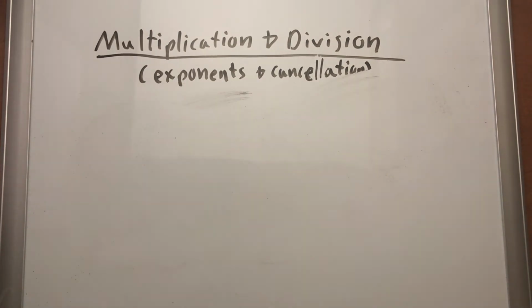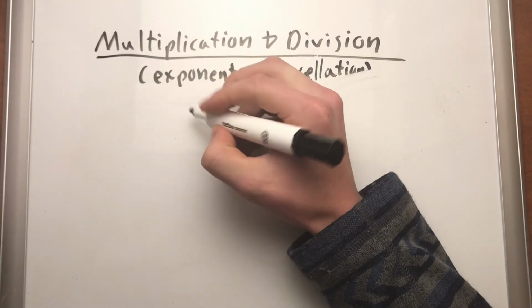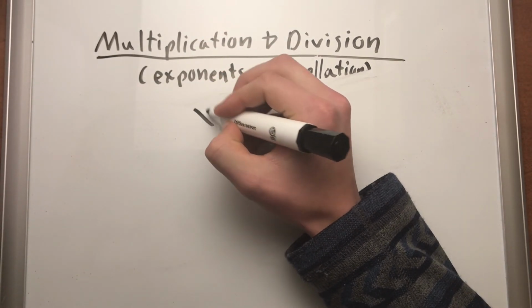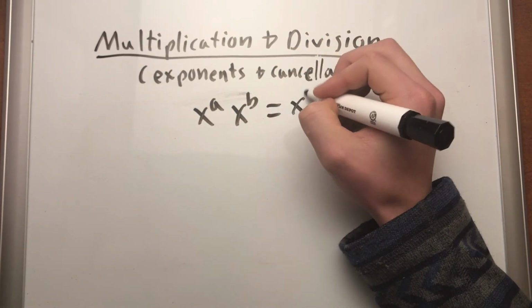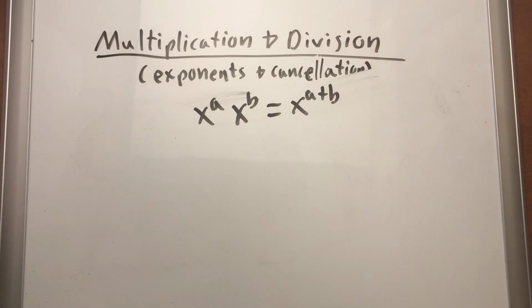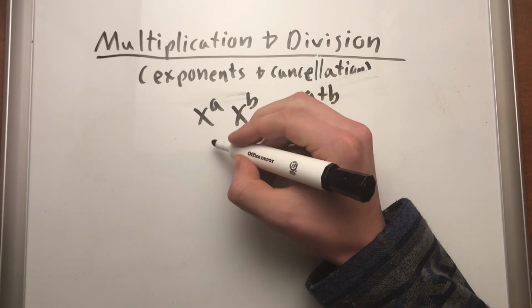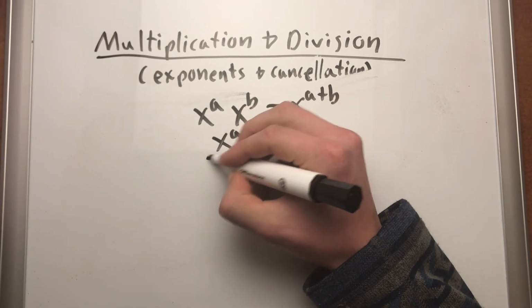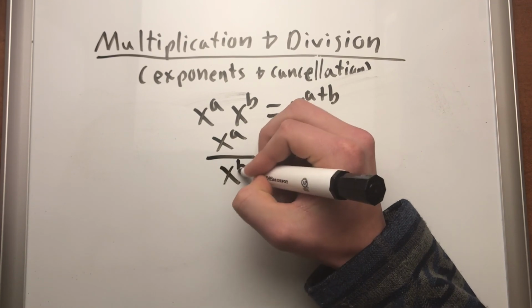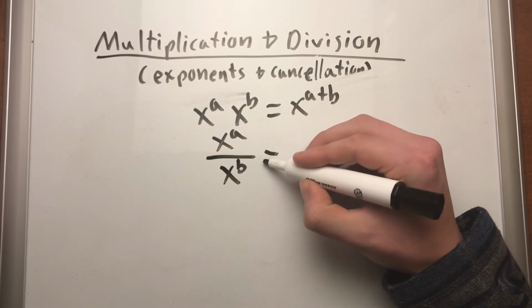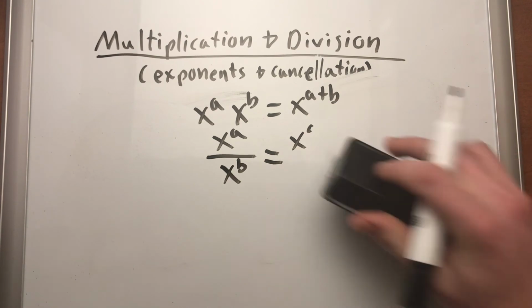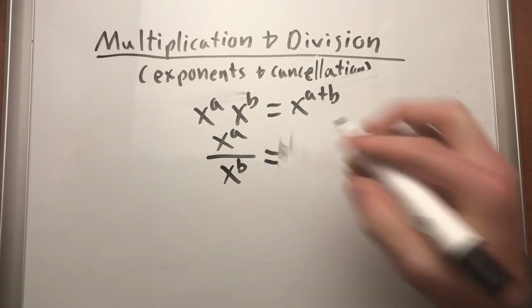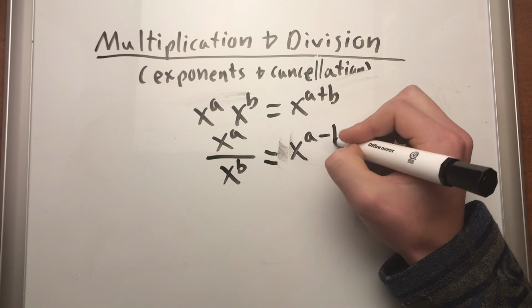So we kind of get a second part to our exponent rule. The first part was x to the a power times x to the b equals x to the a plus b. And what we just showed in the previous problem was that if you have x raised to the a divided by x to the b, you get x to the a minus b.